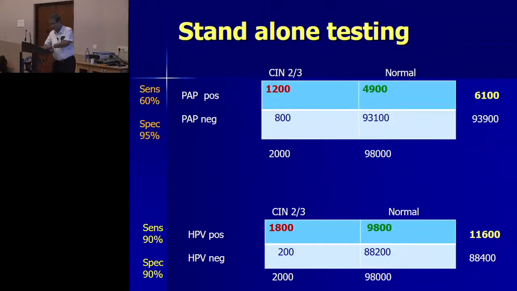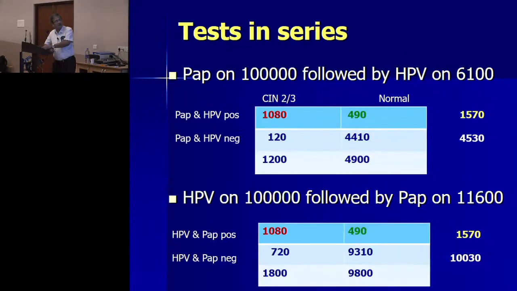Take these 11,600, now you do pap smear. And with 60% sensitivity and 95% specificity, you will get this table. Any comments?